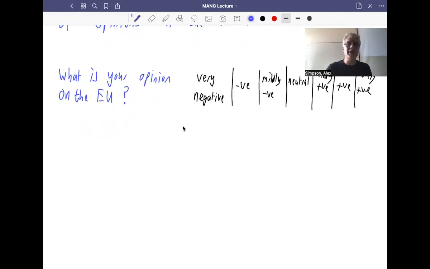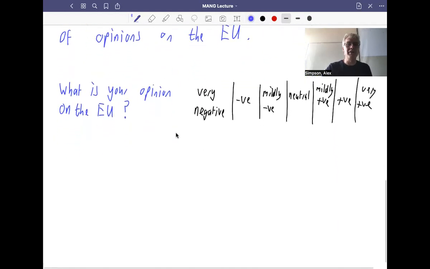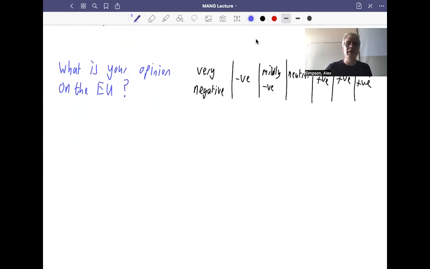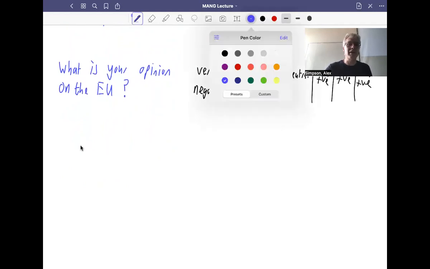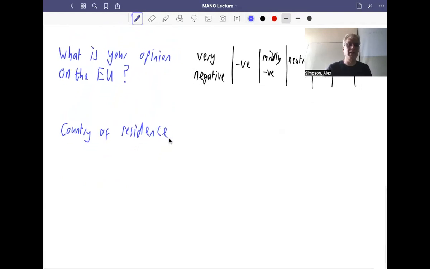So for example, in this case, this is a survey of residents of EU countries of their opinions on the EU. So one important aspect of the survey is the country of residence, which is one of the EU countries, just to be qualified to answer this survey.